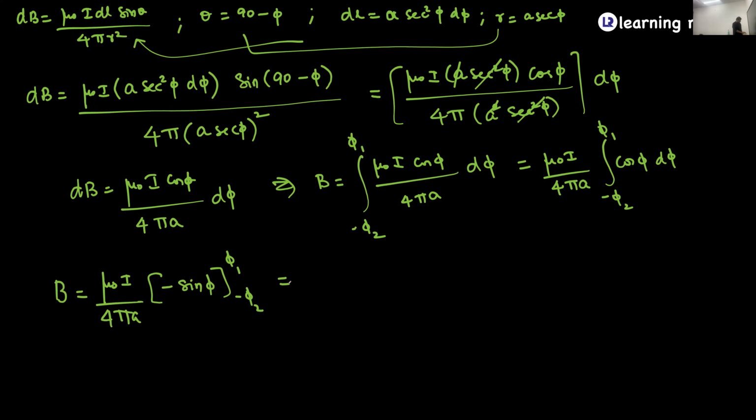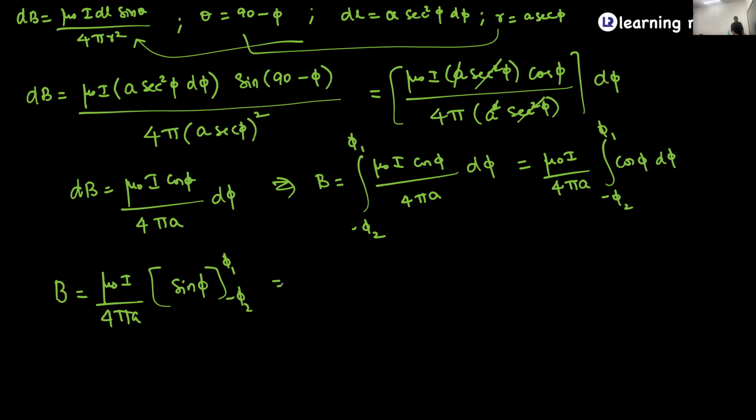I'm sorry, there is a correction. The integral of cos phi is going to be sin phi. So the integral of cos phi is sin phi, from minus phi 2 to phi 1.